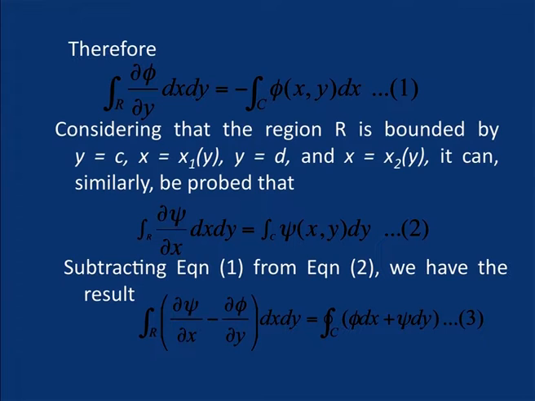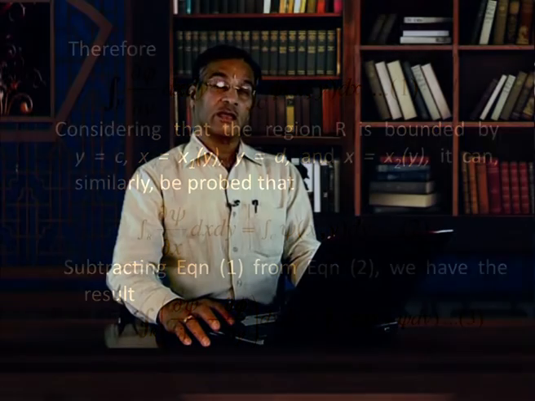Subtracting these equations, we have the double integral over the surface R of (del psi over del x minus del phi over del y) dx dy equal to the line integral of phi dx plus psi dy, which proves the theorem. I will explain an example of the use of Green's theorem.